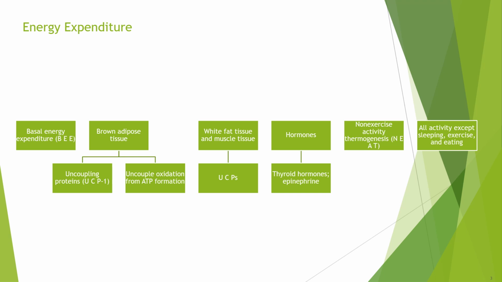Now, our thyroids are a part of influencing energy expenditure. Primarily the thyroid hormones, thyroxine T4 and triiodothyronine T3, which increase metabolic rate and promote thermogenesis. Epinephrine, or adrenaline, stimulates glycogen breakdown and lipolysis, increasing energy availability and expenditure.